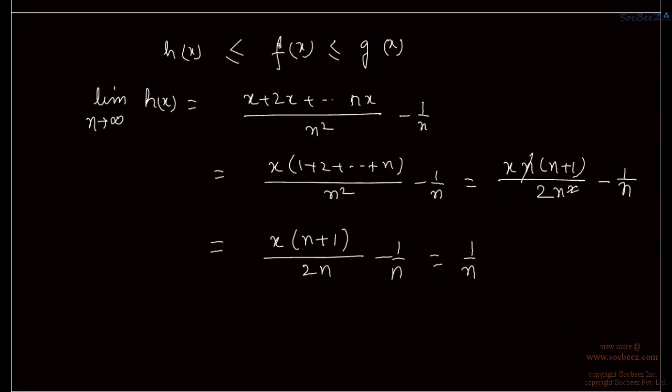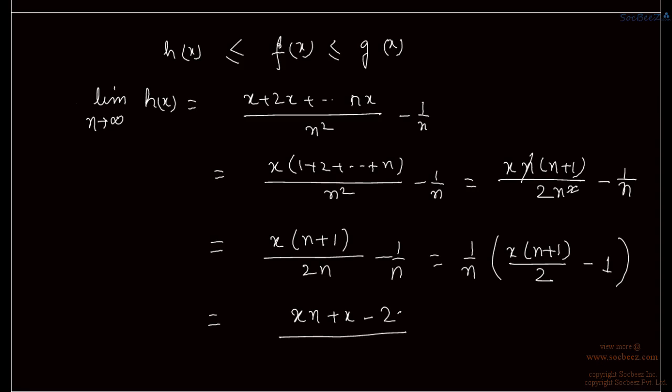Taking 1 upon n as common, we can write x times n plus 1 upon 2 minus 1, which can be written as x n plus x minus 2 upon 2n, right?